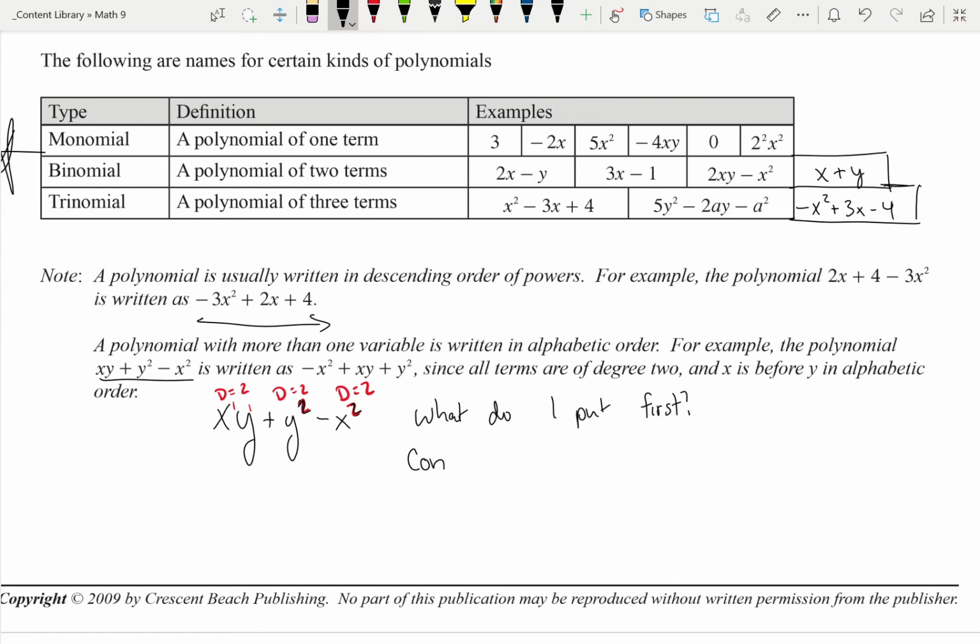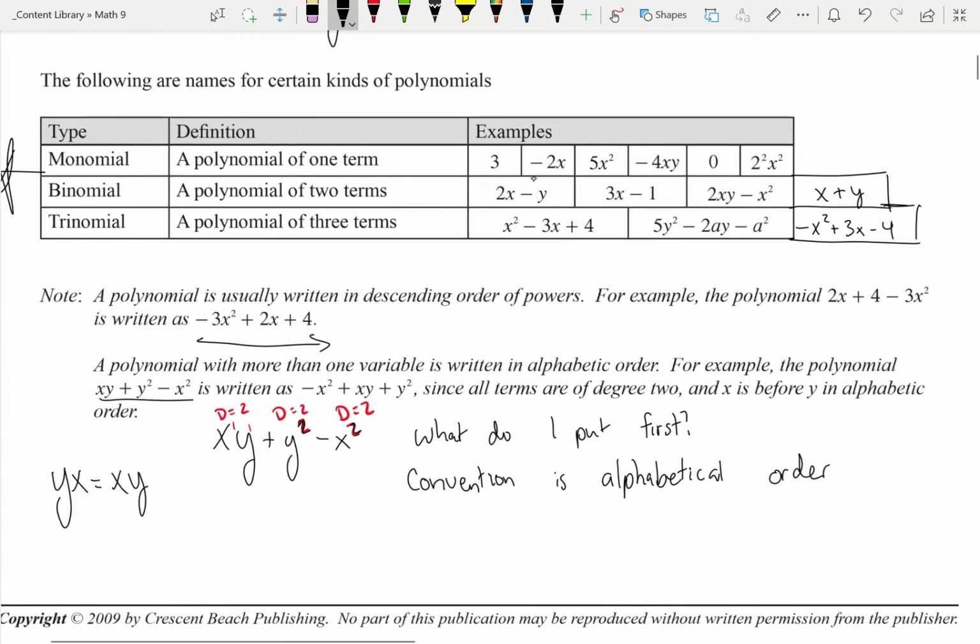The convention is alphabetical order. Just like how it's kind of clunky to write yx, it's valid, it's equal to xy. We generally write it as xy.